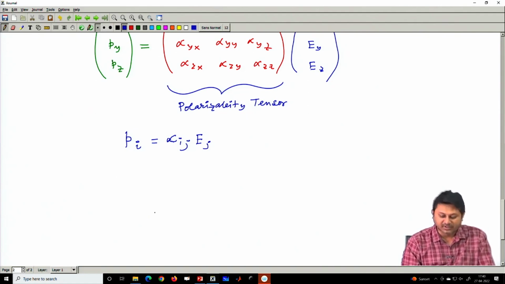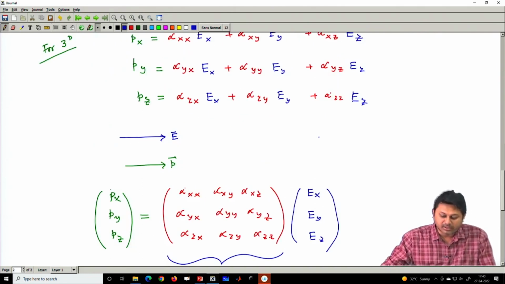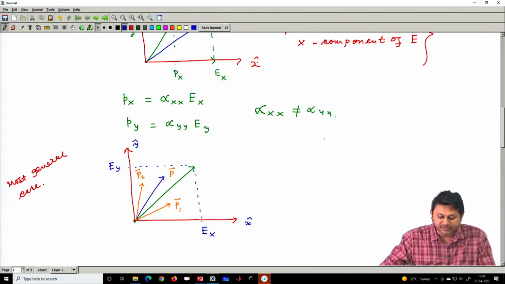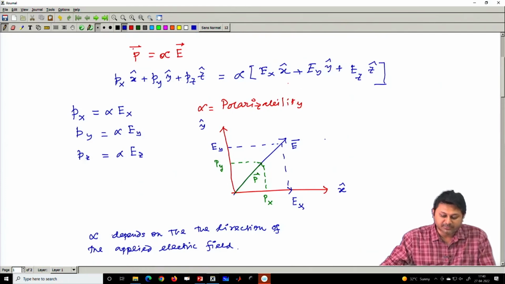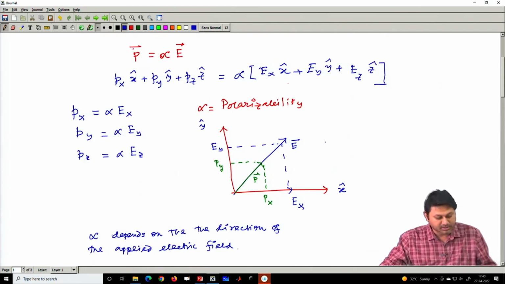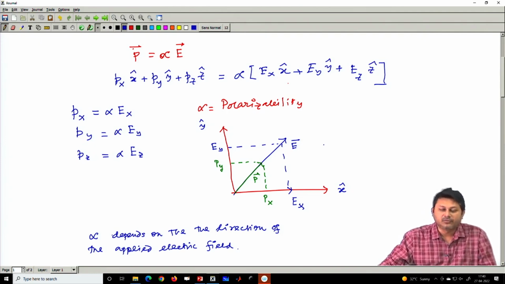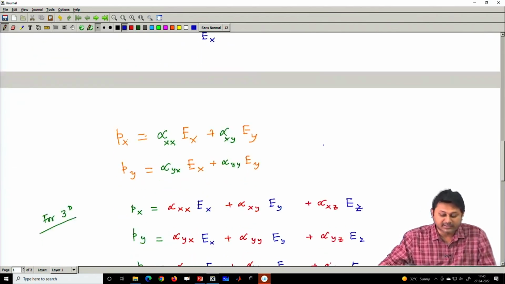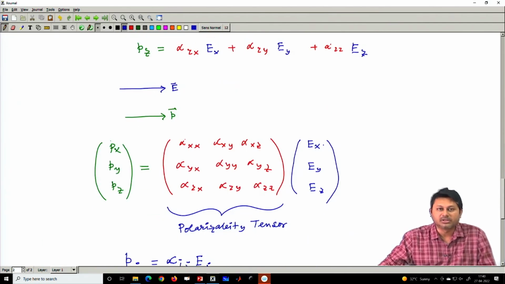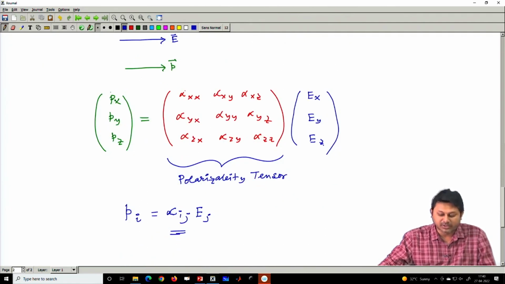So, this is the one important expression for this polarizability, where we can show that the polarizability is in fact a tensorial quantity, and there are different systems for which if you apply the electric field, the polarization is no longer along the applied electric field, it will be in a different direction, and not only that, its x component, y component and z component no longer depend on the x, y and z components of the electric field alone.